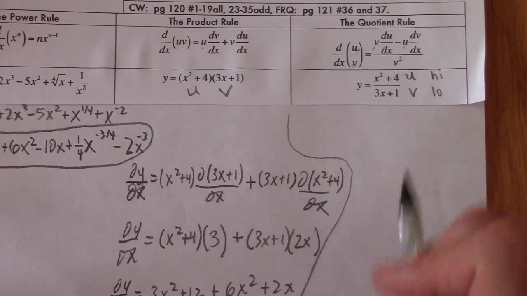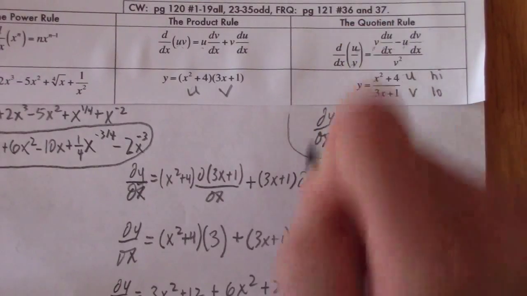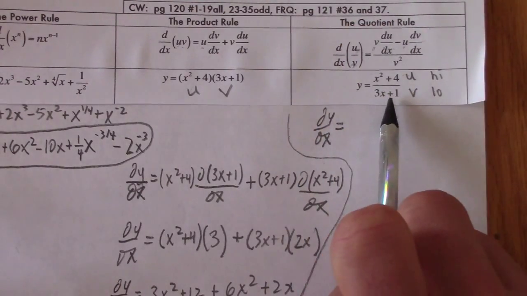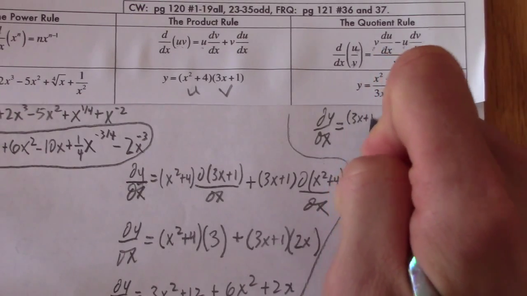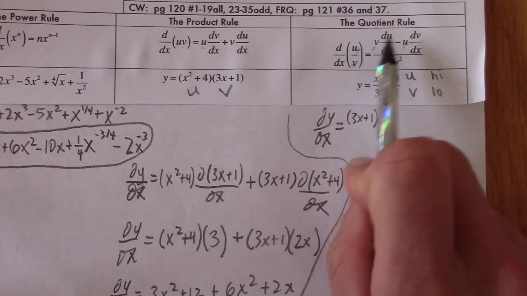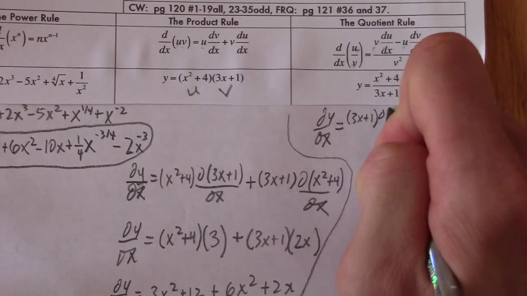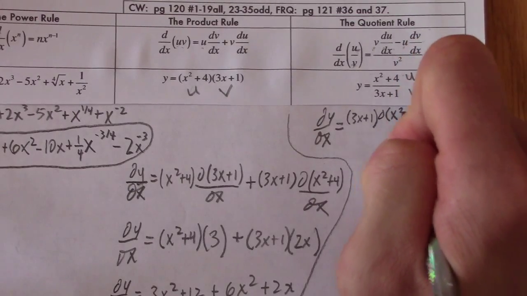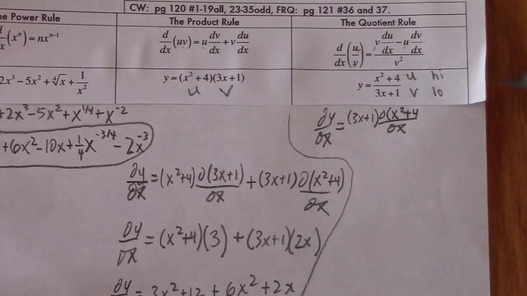So I'm going to leave the first thing alone, so dy dx. Low is the 3x plus 1. And then low d high. So I'm going to take the derivative then of the high thing. So the derivative of x squared plus 4 dx.